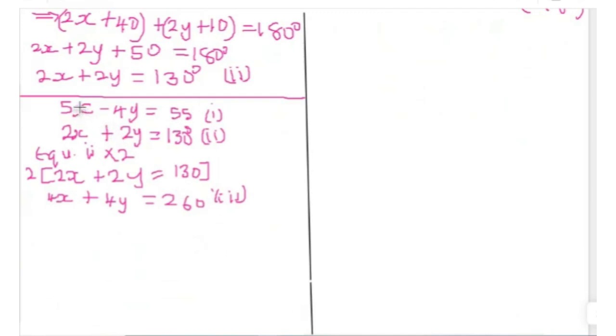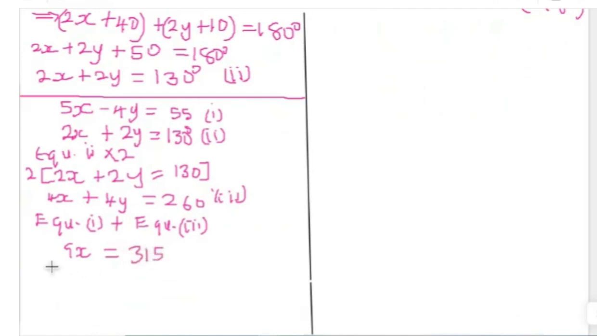So for us to eliminate, if we say equation 1 plus equation 3, y should be eliminated. So equation 1 plus equation 3 gives us 5x plus 4x will give us 9x, minus 4y plus 4y gives us 0. Then we add 55 to 260, and that gives us 315.